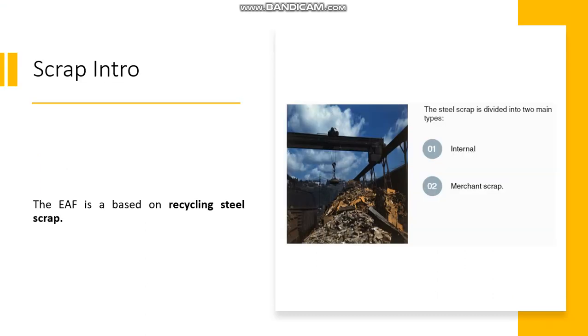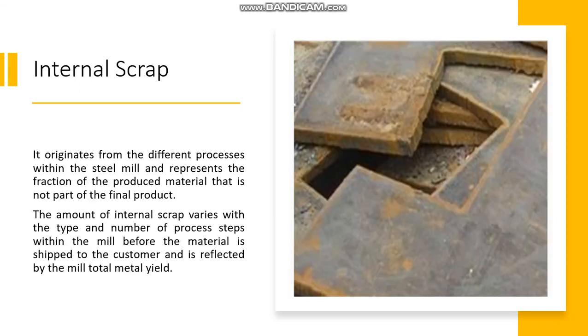The EAF is based on recycling steel scrap together with limited addition of alloys in order to reach target composition at tapping. The steel scrap is divided into two main types: the internal scrap and the merchant scrap. The internal scrap originates from the different processes within the steel mill and represents the fraction of the produced material that is not part of the final product.